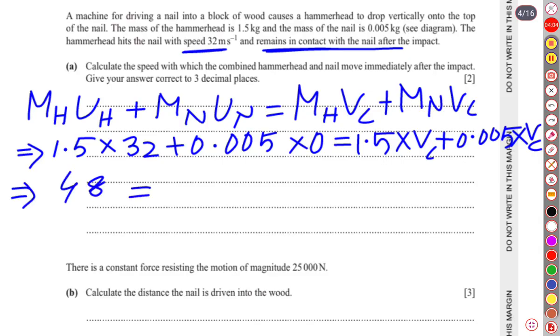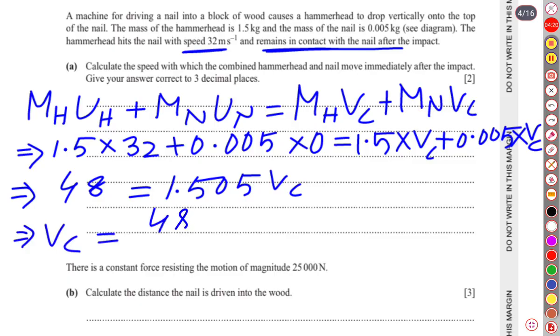Then the velocity of the combined object is 48 over 1.505.